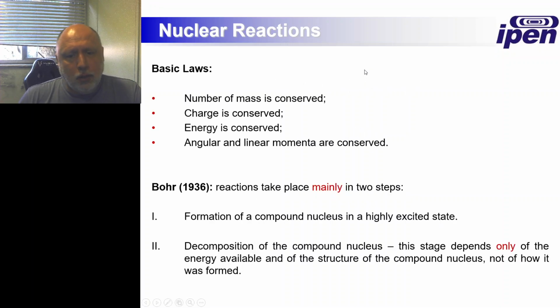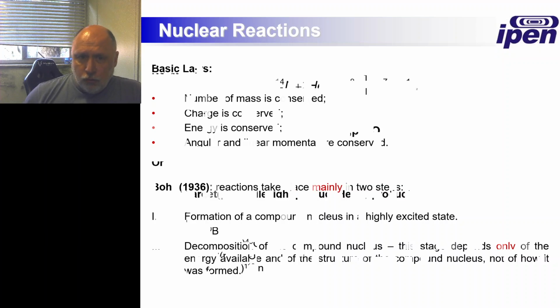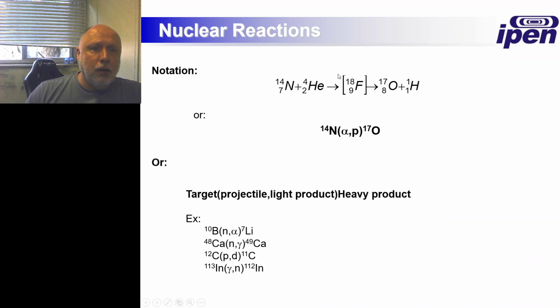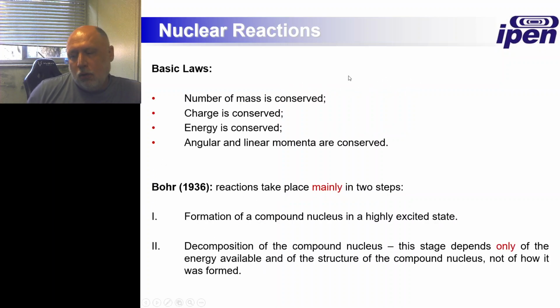And then this highly excited state will decay, forming whatever it will form, regardless of how it was formed. It doesn't matter what happened up to here. This part is separate from this part. This part will only depend on who this guy is and what kind of energy we have here. Okay, this is a complete reaction or fusion evaporation reaction.